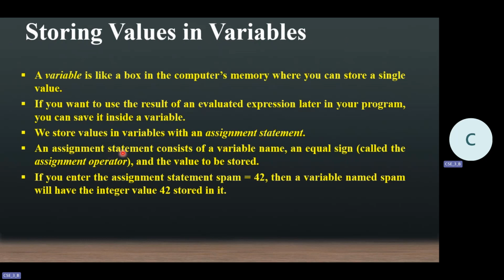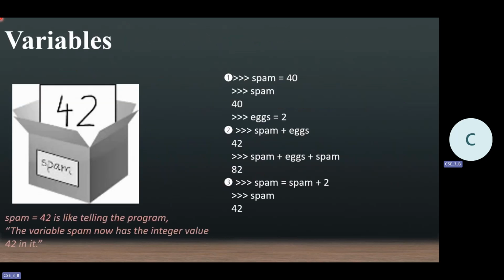An assignment statement consists of a variable name and an equal sign, which we also call the assignment operator, and the value to be stored. For example, let us consider the variable name as spam, and we assign it an integer value. Then the variable spam will have the integer value 42 stored in it.